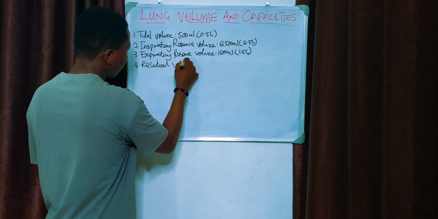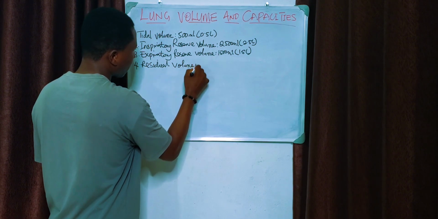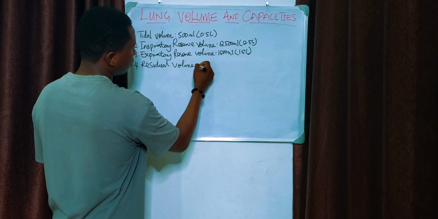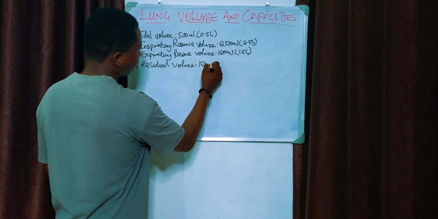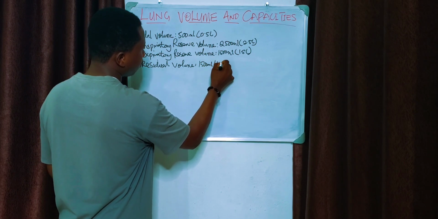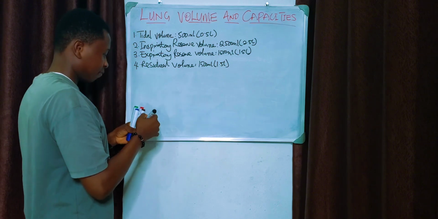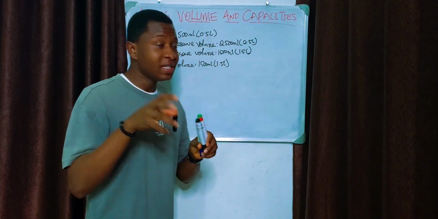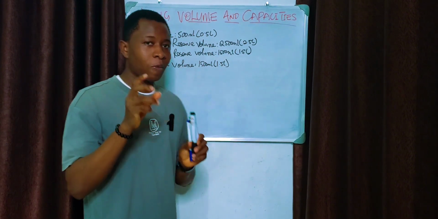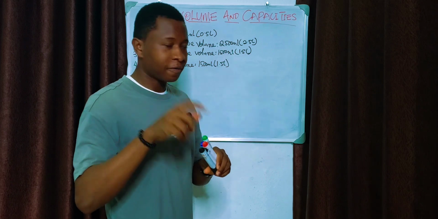And this is about 1,500 milliliters, which is equivalent to 1.5 liters. So these are the basic types of lung volume we have.